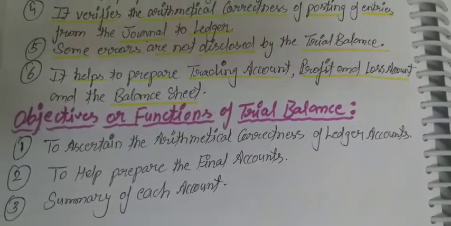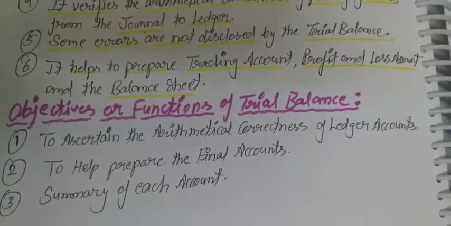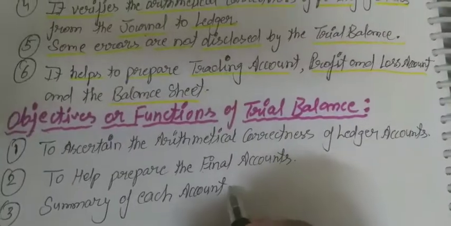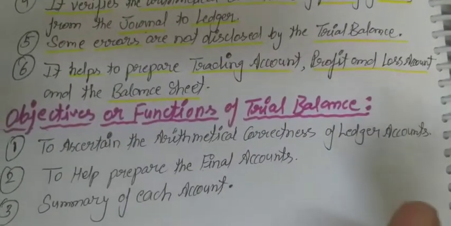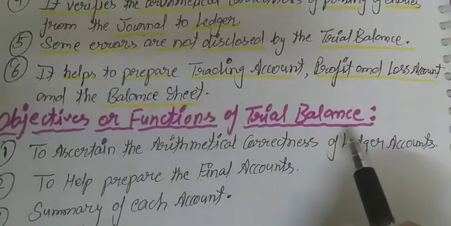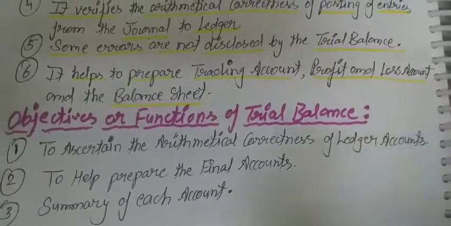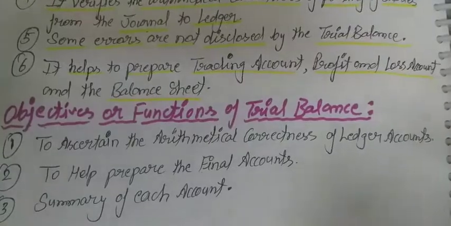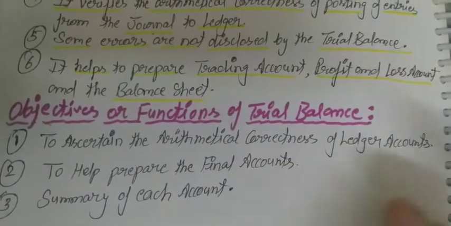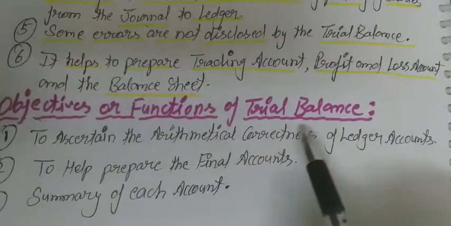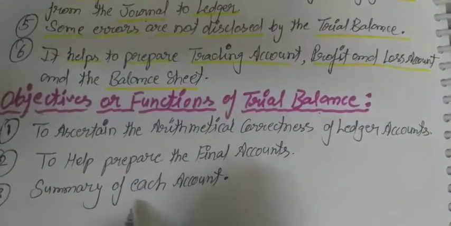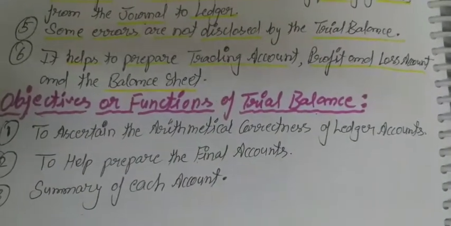So that balance is the summary of each account, and each account balance is transferred to the trial balance. Not only some accounts, each and every account's balance is recorded in the trial balance. That's why we can say it is a summary of each account.